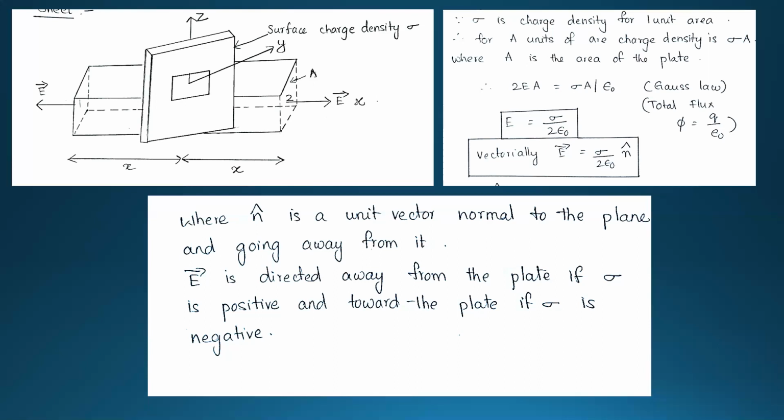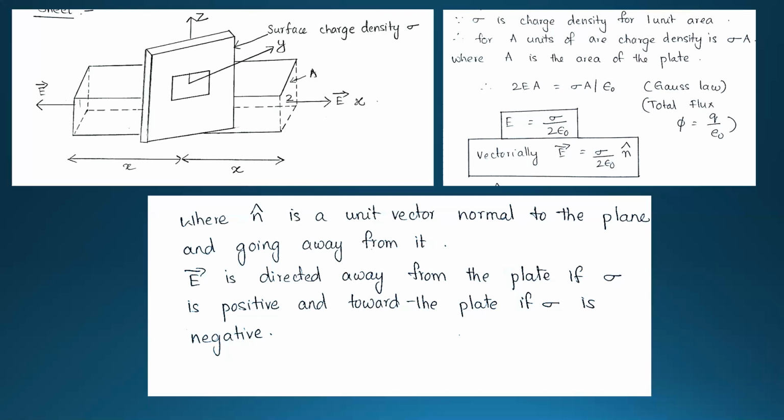So, we will equate both the equations. We have calculated the flux according to the flux formula, that is 2EA. Now we have calculated the flux according to the Gauss law, that is sigma A by epsilon naught. Therefore, we equate them: 2EA is equal to sigma A by epsilon naught.